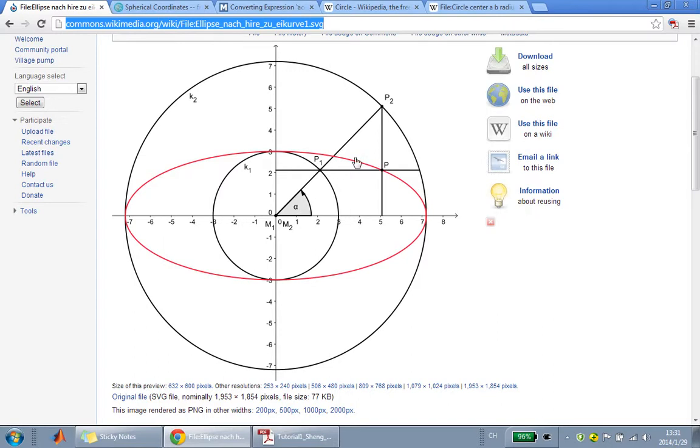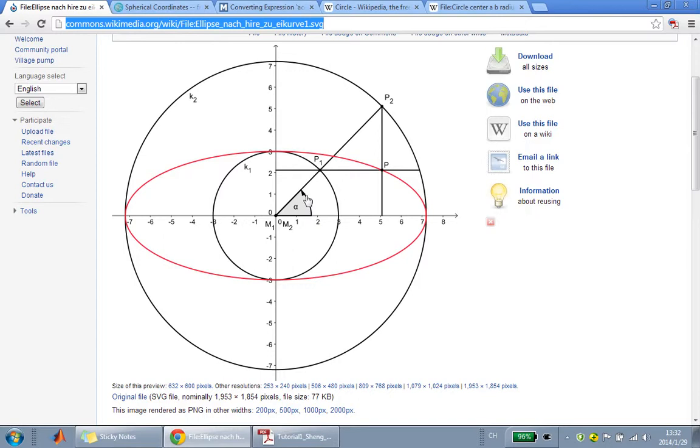Okay, let's say we rotate this straight line counterclockwise, then the locus of P is the ellipse. Here a equals the radius of the large circle and b equals the radius of the small circle. We can see that here the parametric for ellipse uses a parameter we call alpha.